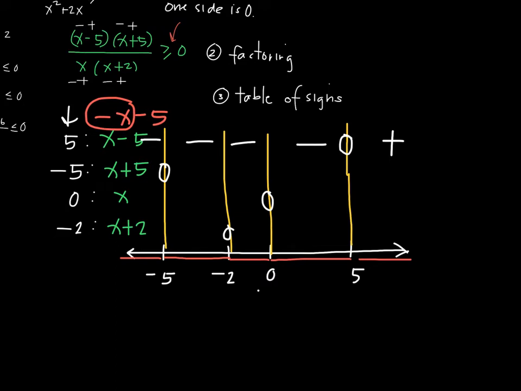So that's a negative, turning point 0, so positive, positive, positive, and then positive. Then do the same for x as a factor, so it's negative, negative, negative, positive, and then positive. Then negative, negative, positive, positive, and then positive.